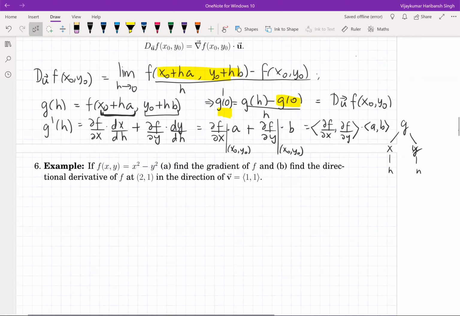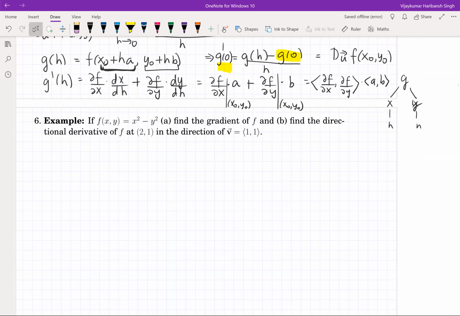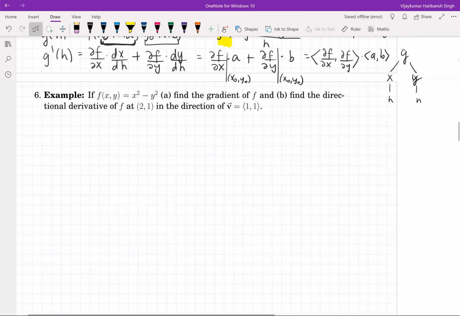So let's compute now. Given f is this, find the gradient vector of f, and find the directional derivative of f at 2, 1 in the direction of vector v. So suppose you have f of x y equals x squared minus y squared. So find the gradient of f. So gradient is a function, all right?